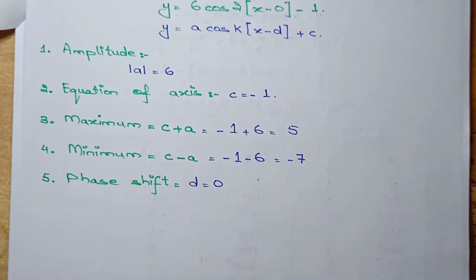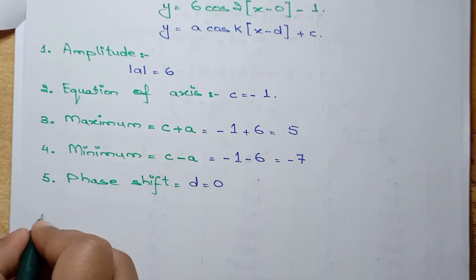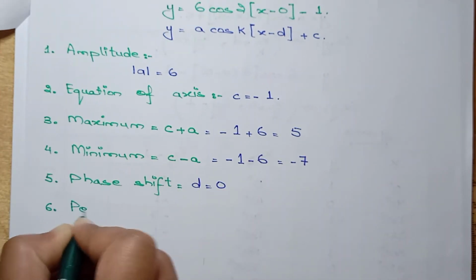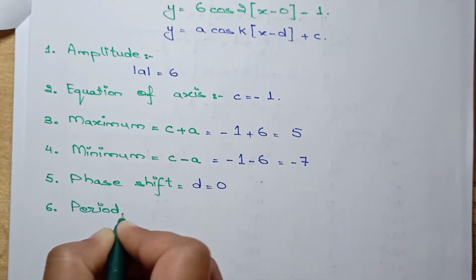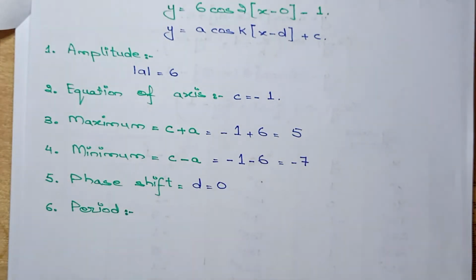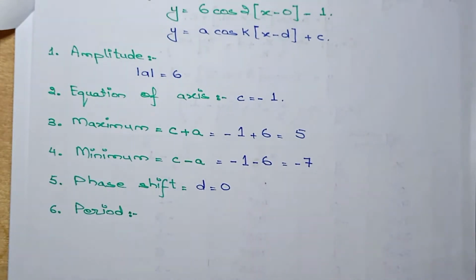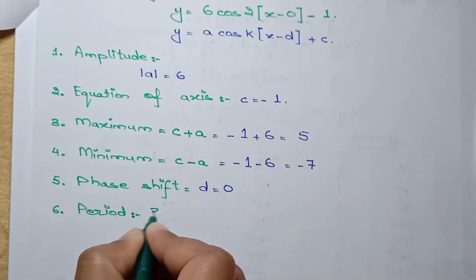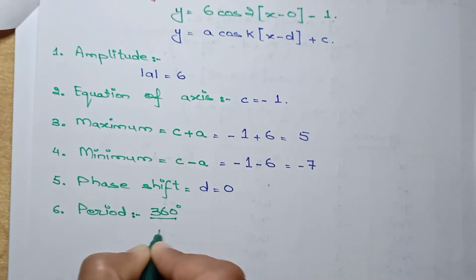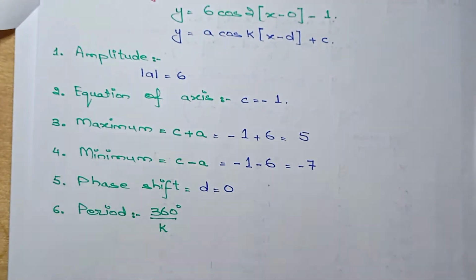Okay, so the next thing we need is the period. So period is basically one complete cycle, and how can we find the period? By using the formula 360 divided by k, right? So what is the k value?